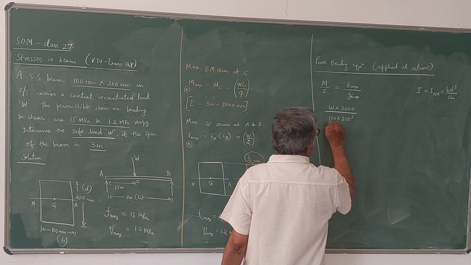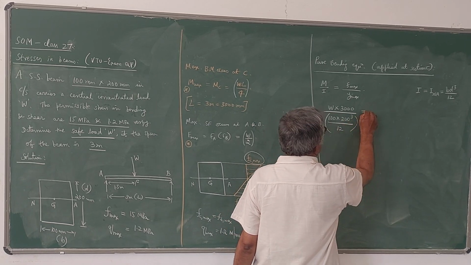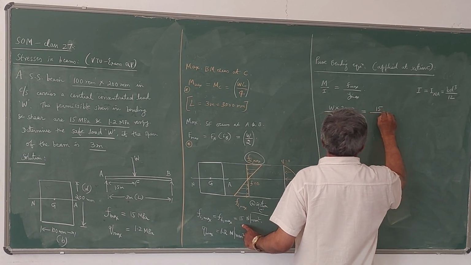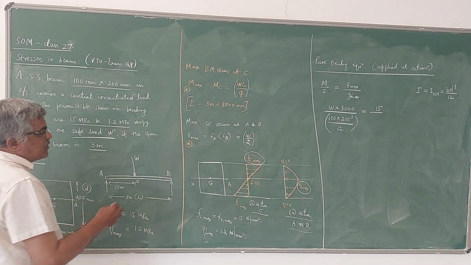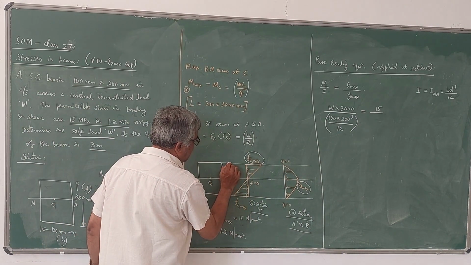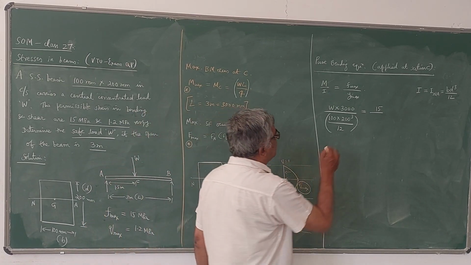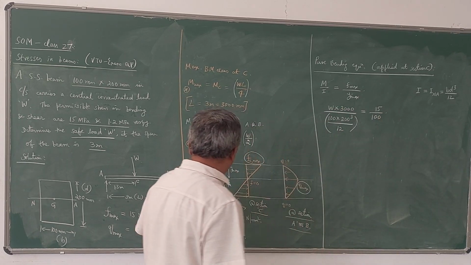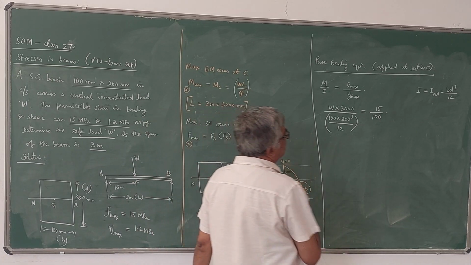So 100 into 200 cube by 12. This I is equal to F max value, which is 15, divided by Y max value, which is the distance of the farthest fiber. This is Y max, or you can take this also as Y max because of symmetry, which is 200 divided by 2. So it is 100. So this is the equation we got.